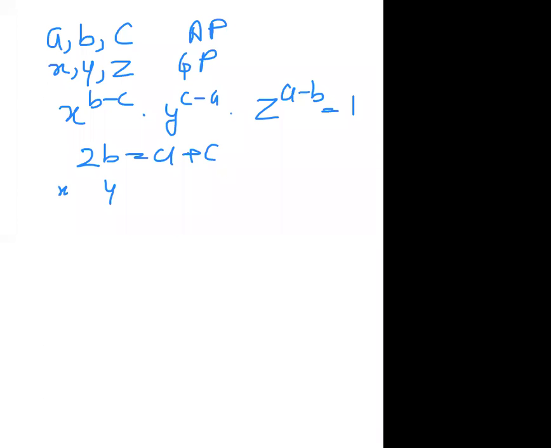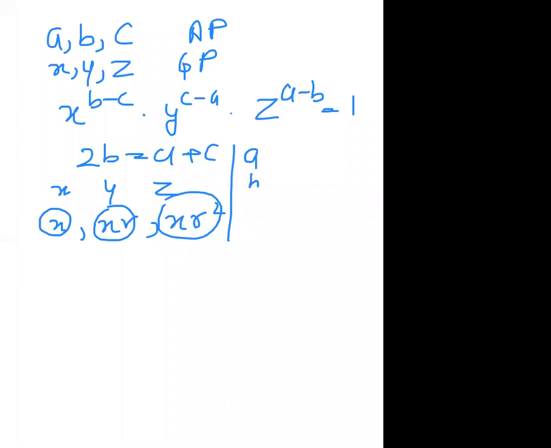X, Y, Z are in GP. First term is X, then second term will be XR, third term will be XR square. Hope you are able to understand this. Like if the first term is A, the second term is AR, the third is AR squared. So likewise I have written X, XR, XR square.